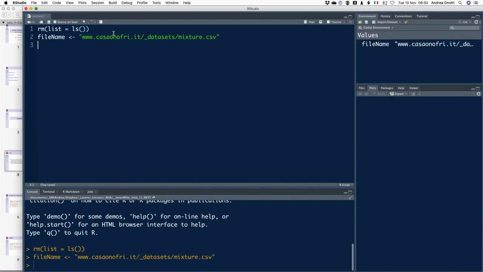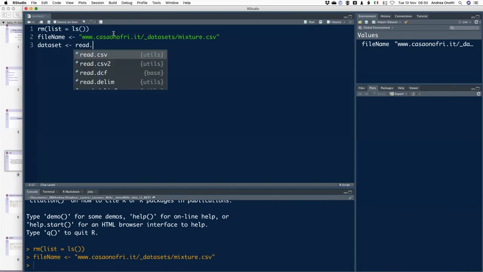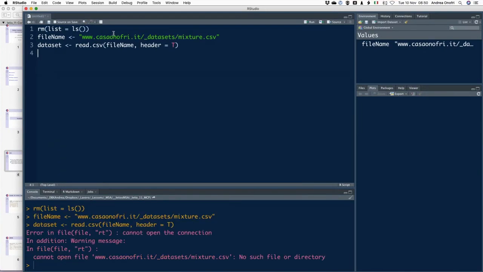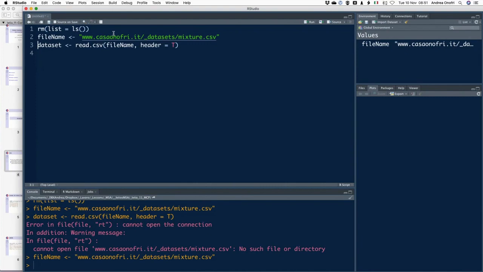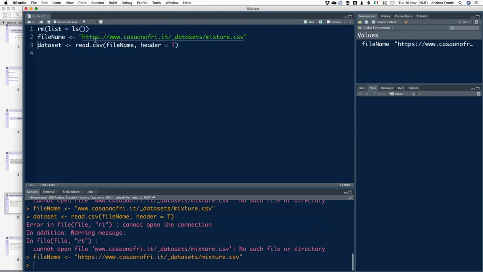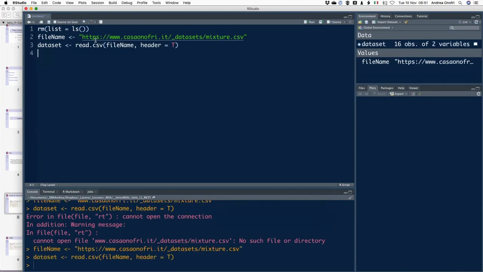And load the file name. Sorry, I forgot the positioning. All right, now it should be okay. Yeah, it is.